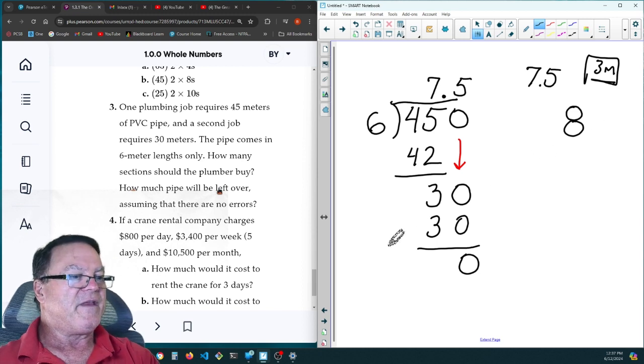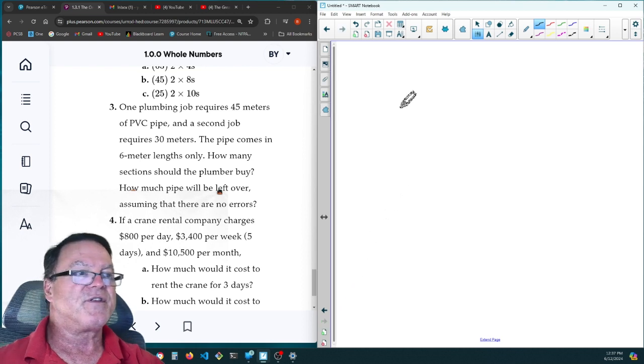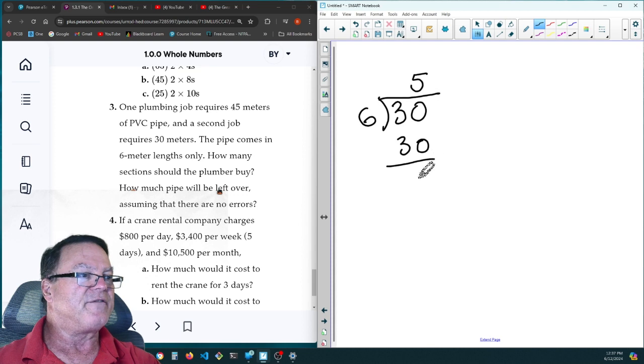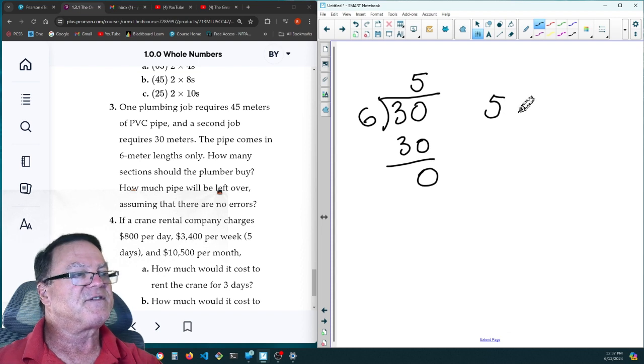Now, if we go to the next job, it's 30 meters of pipe, we'll put our division bar, divide by 6 meters. Well, 6 times 5 equals 30. And they said if we have no mistakes, we should only need 5 lengths of pipe for this job.